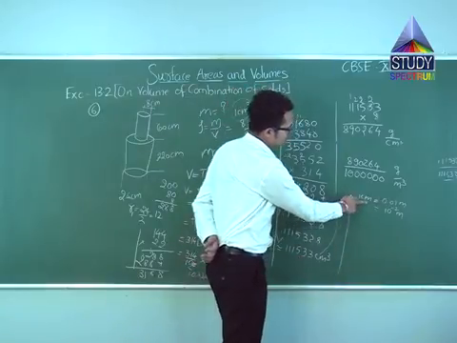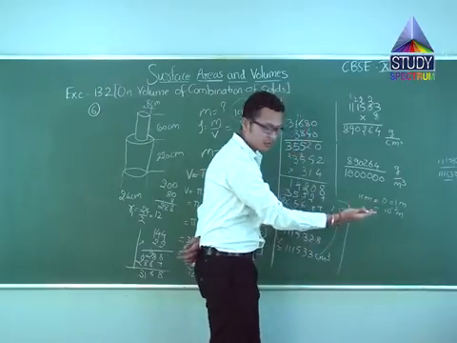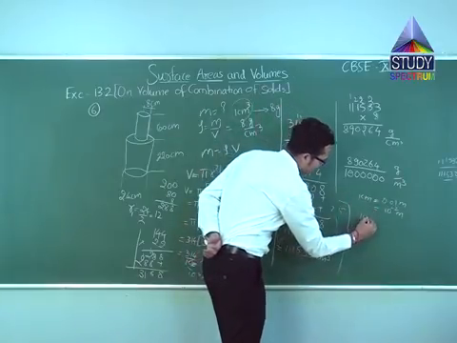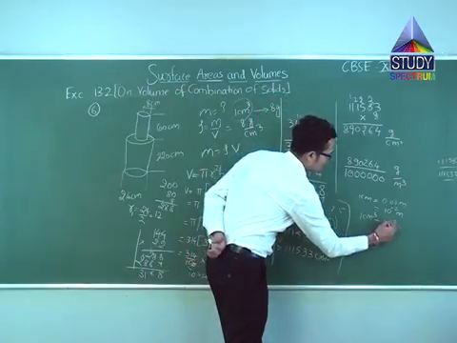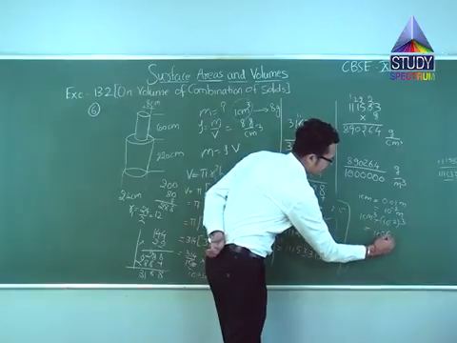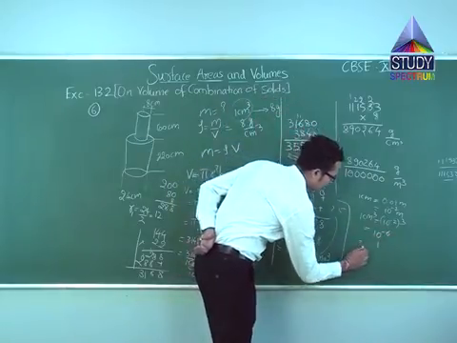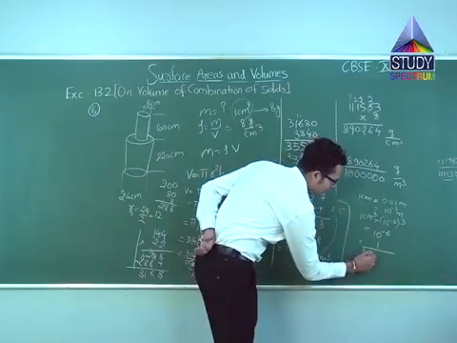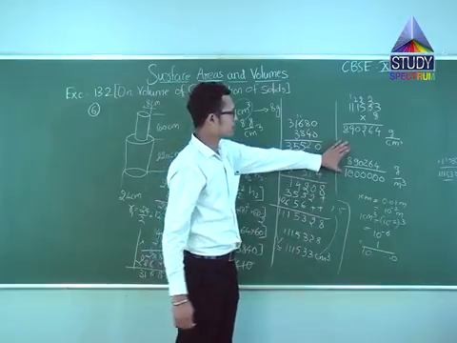And now this is raised to power 3. So when I am raising power 3 to both sides, this becomes 1 cm cube is equal to 10 raised to minus 2 whole power 3. This is equal to 10 power minus 6, which is again 1 by 1 followed by 6 zeros. That's what I've done in short.